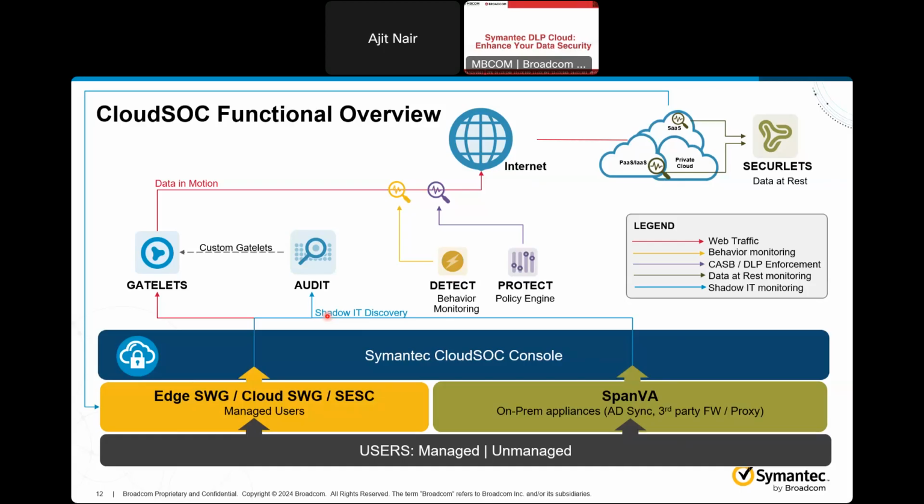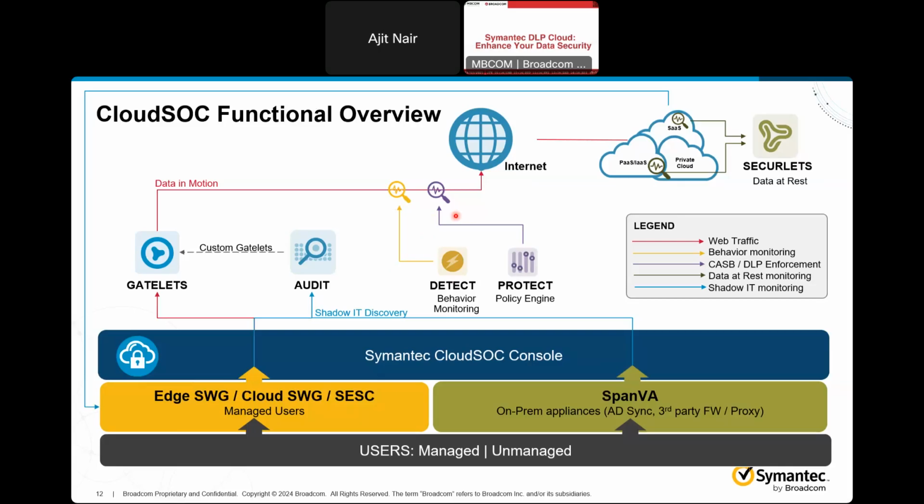In most deployments, these solutions require an agent. What the agent essentially does is steer and route that traffic to the Cloud SWG, which then forwards it to the different CDSs for inspection.